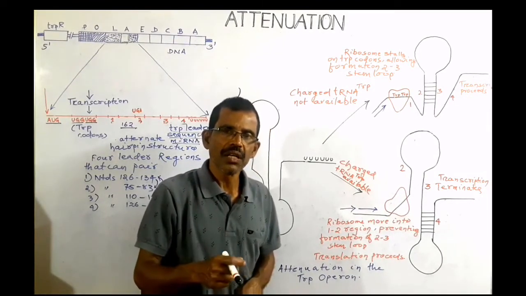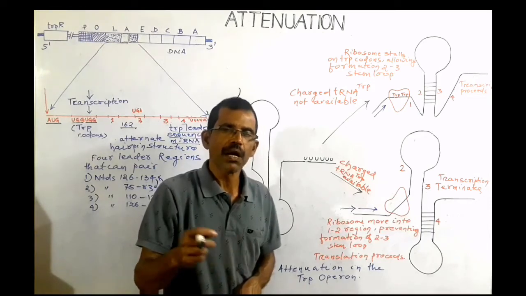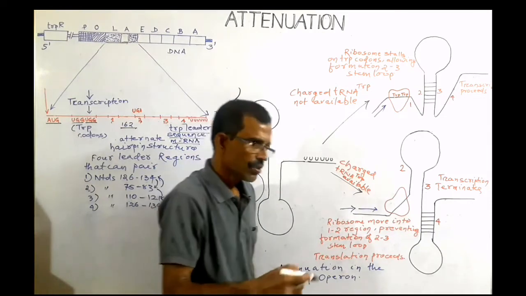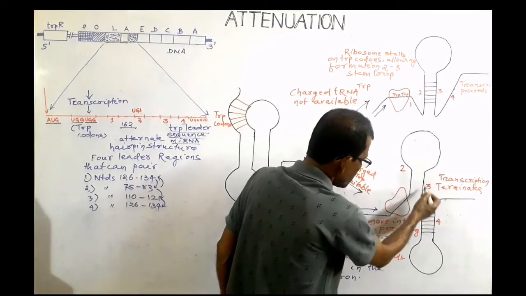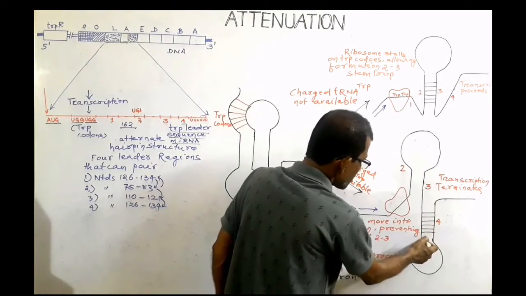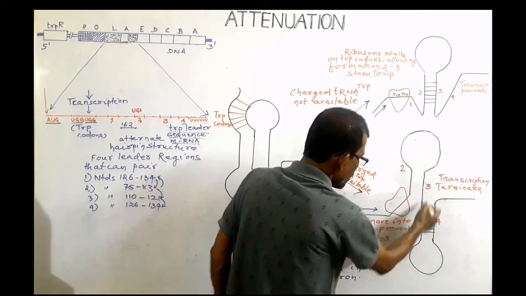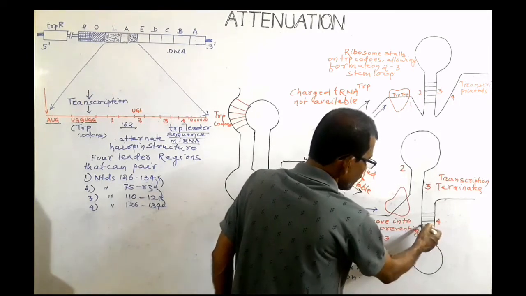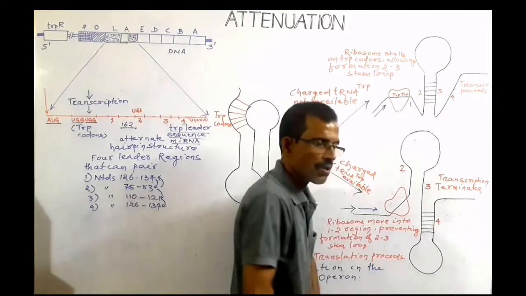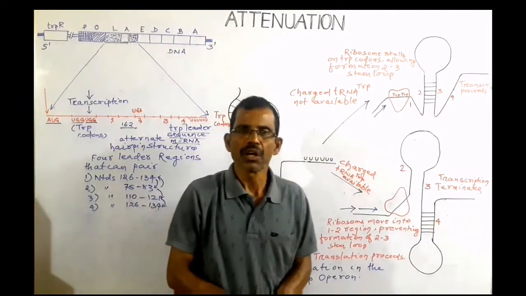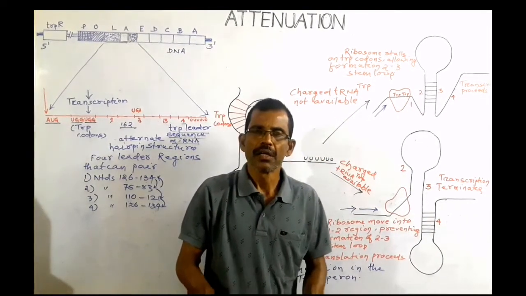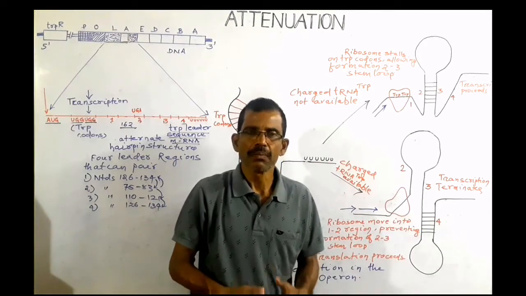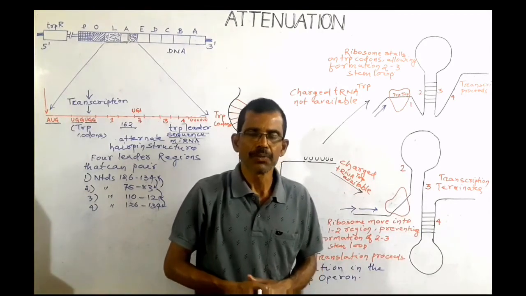So region 3 can easily base pair with region 4. Friends, here you see there is base pairing between region 3 and region 4. When there is base pairing between region 3 and region 4, this leads to the formation of the transcription termination hairpin. As a result, there is termination of transcription.